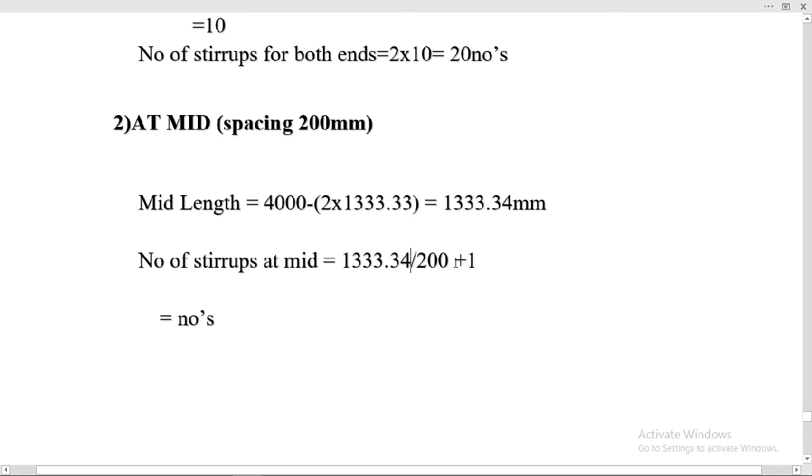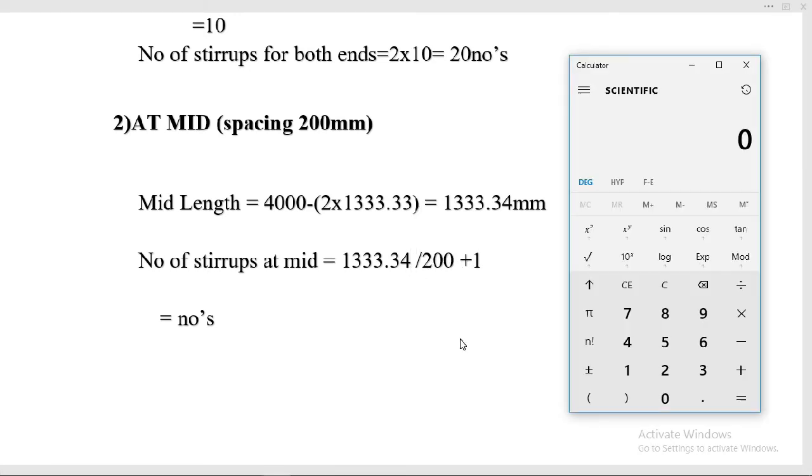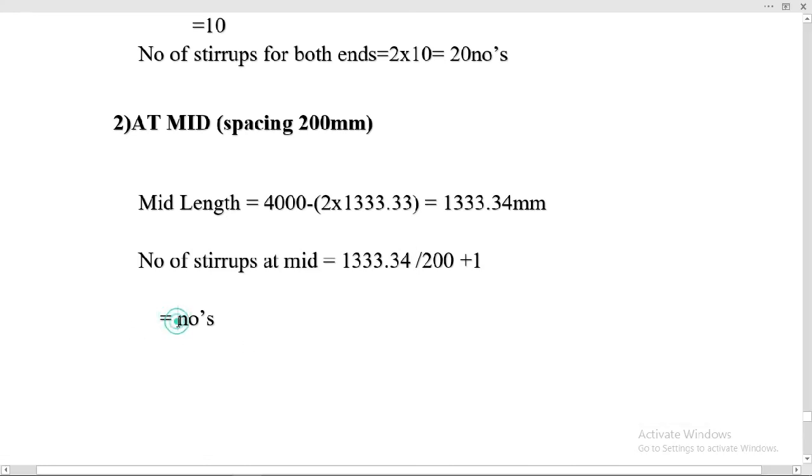Let me calculate it on the calculator. 1333.34 divided by 200, because we have 200 millimeter spacing of the stirrups at the mid span, plus 1, 7.6. Let me take it 8.